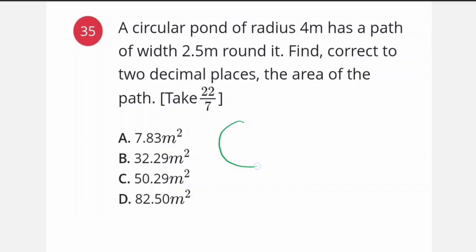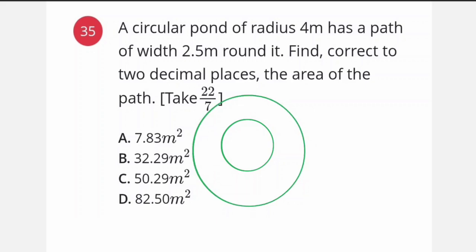If this is the pond, a circular pond, and there is a path around it, the radius of that pond is 4 meter, as given from the question, and the width of the path is 2.5 meter around it. Though this is not drawn to scale, this will be 2.5 meter.